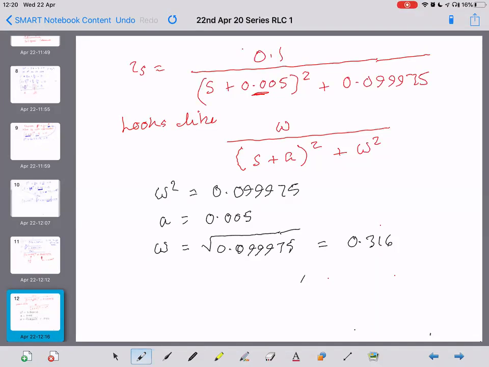How can that be right? Would there not be another zero? We've got to have 0.1 on the top.